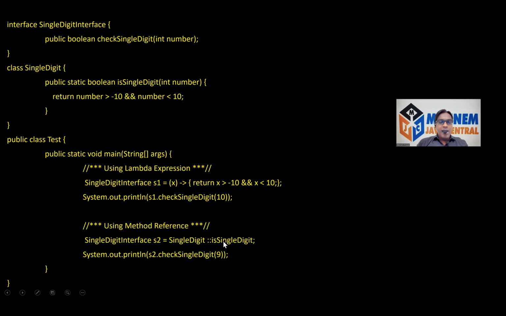Just refer to the existing method using the class name and assign this method reference to the reference variable of the functional interface.